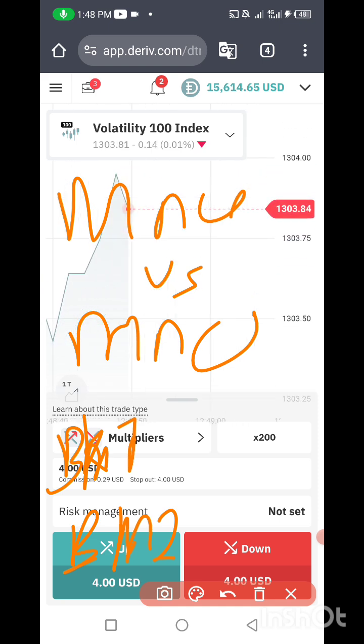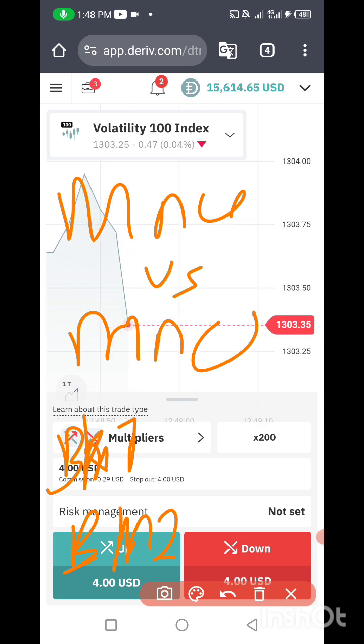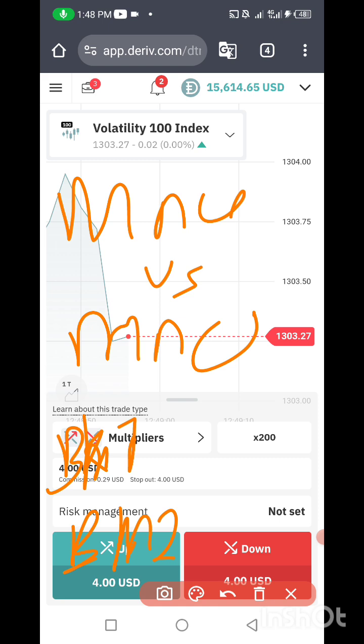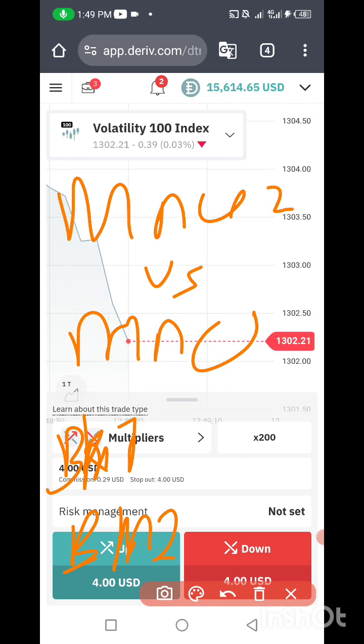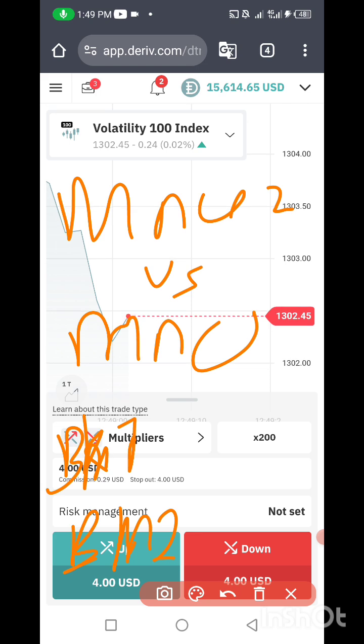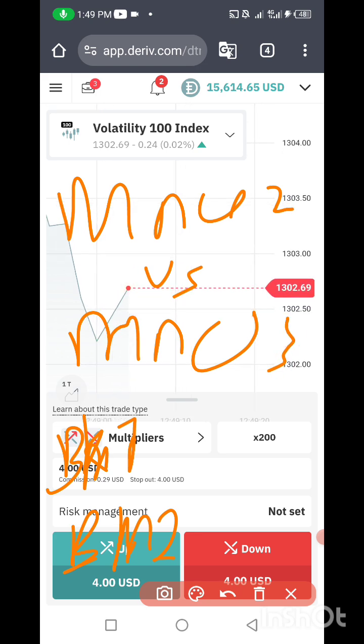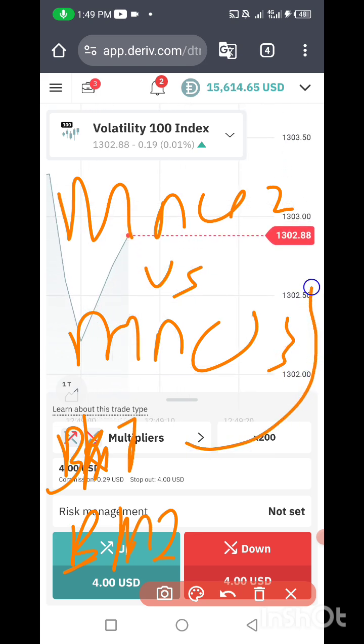So if Man U versus Manchester City, the odd of Man U win is 2 here, and the odd of Manchester City winning is 3, and this is related to bookmaker 1, right?